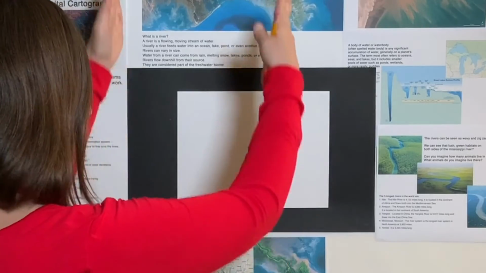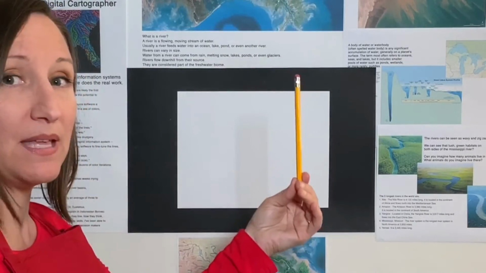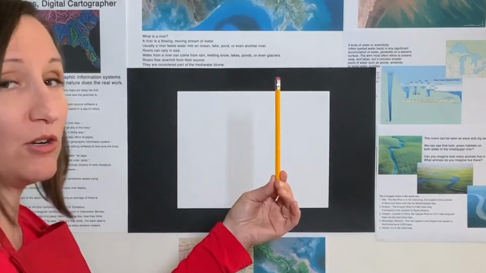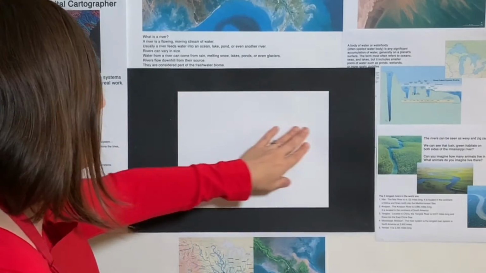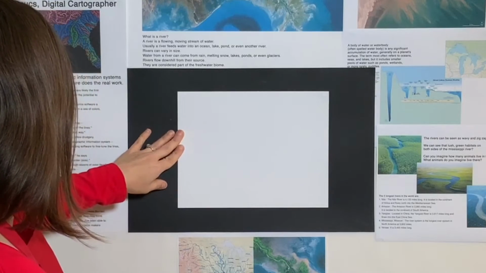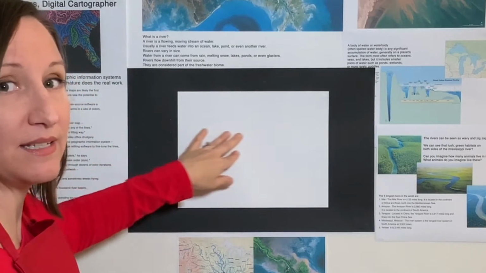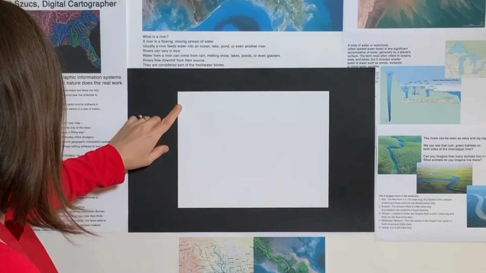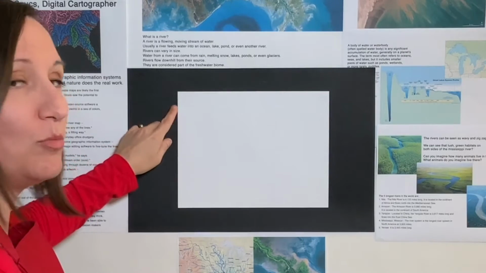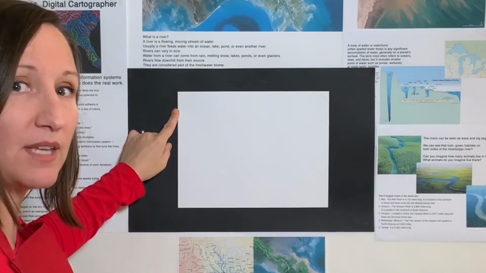If the paper was straight up and down like my pencil, this is called vertical. So we're going to start with the paper side to side, or landscape, and we're going to start here on the left side of our paper. Can you point to that? The left side of the paper?